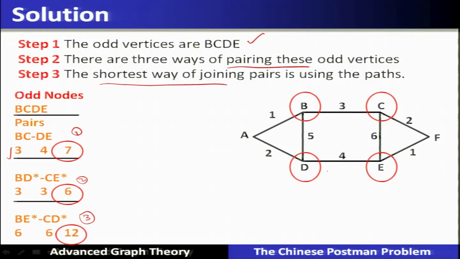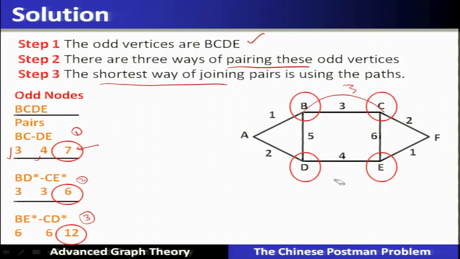Similarly, D, E also can be connected with a minimum cost. So, the total cost of adding these edges would be 7 in this case. That means, if we add an edge of cost 3 and an edge of cost 4, all the nodes will become even, making the graph Eulerian, and will require an extra cost of 7.